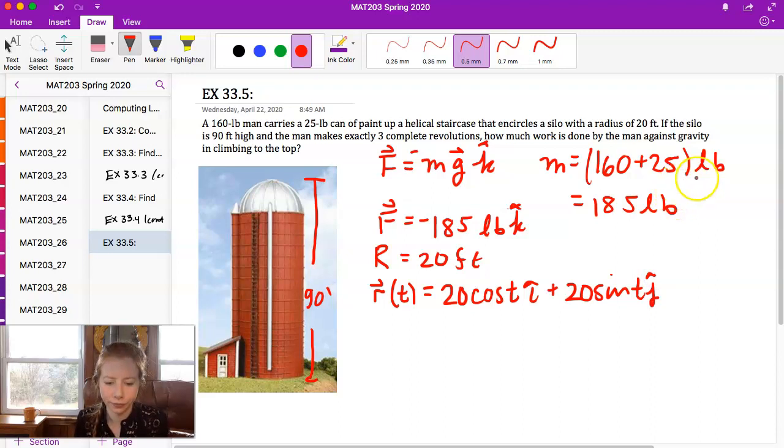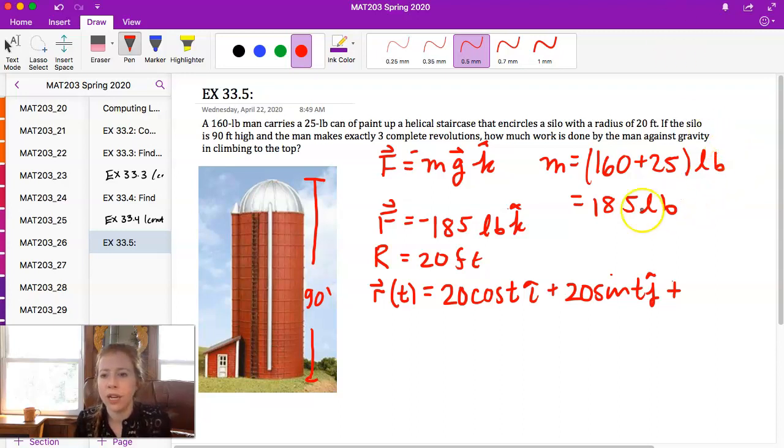Now, this is actually the part that is the trickiest. We're going to complete 3 full revolutions, and 1 revolution is 2 pi around a circle. So we want to complete 6 pi in 90 feet.